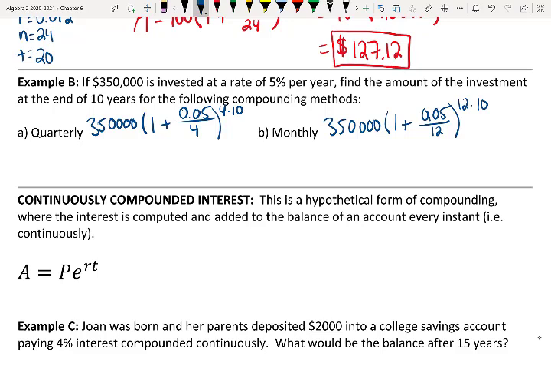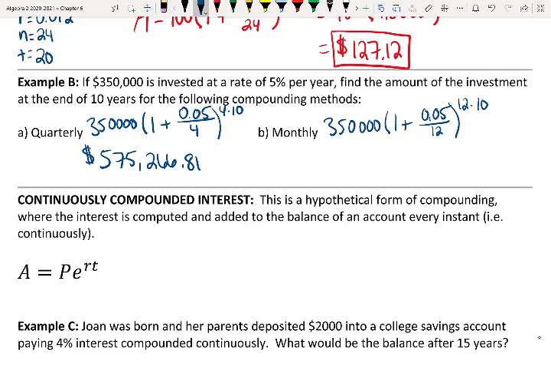So if you go through and use your calculator, again, the same thing I would suggest. I would do this 0.05 divided by 4, add that to 1, and then we're going to be raising that to the 40th power. So over here on the quarterly side, we should end up with a final value after that 10 years of $575,266.81.